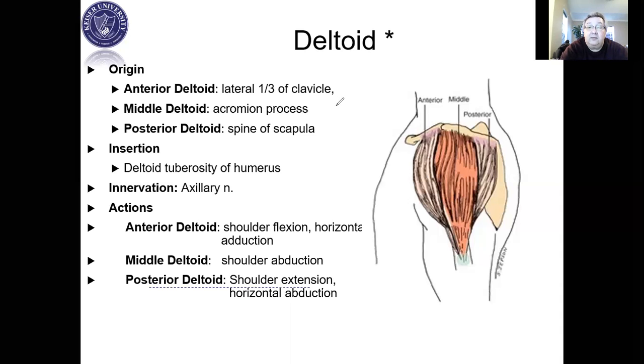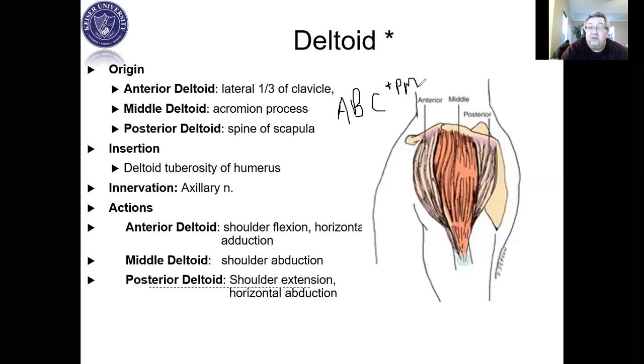Remember, the other muscles that do shoulder flexion are ABC plus pec major. So now you know the A is anterior deltoid, the B is going to be the biceps brachii, and the C is going to be the coracobrachialis.